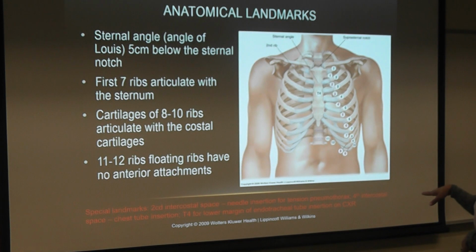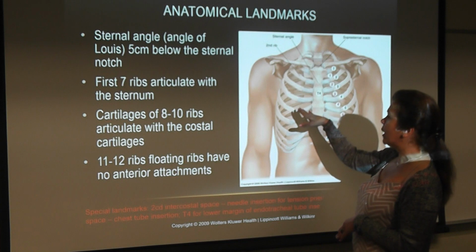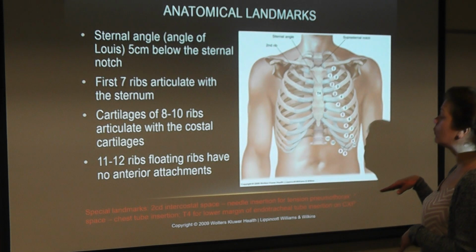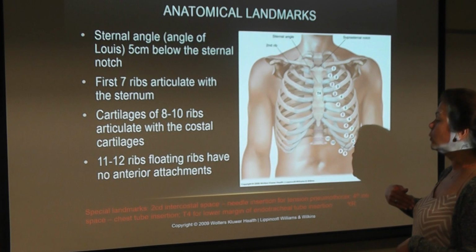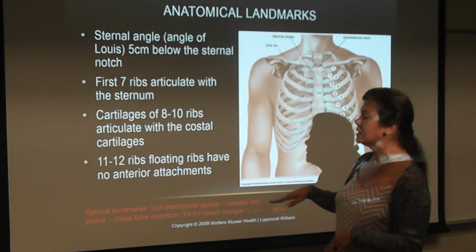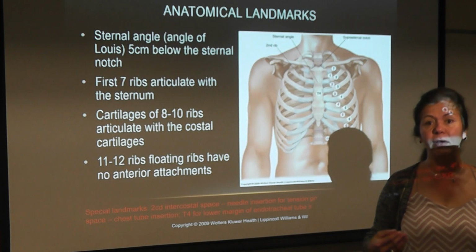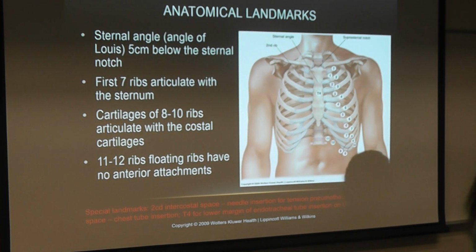And at the level of the fourth intercostal space, which is at the level of T4 in the mid-axillary line or anterior line, is where you will insert a chest tube, again, for tension pneumothorax as well, or large pneumothoraxes.